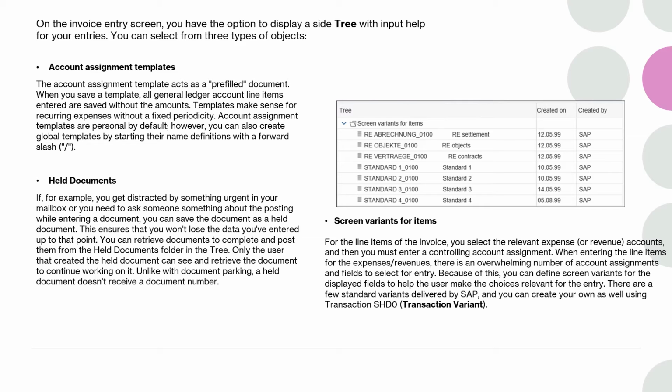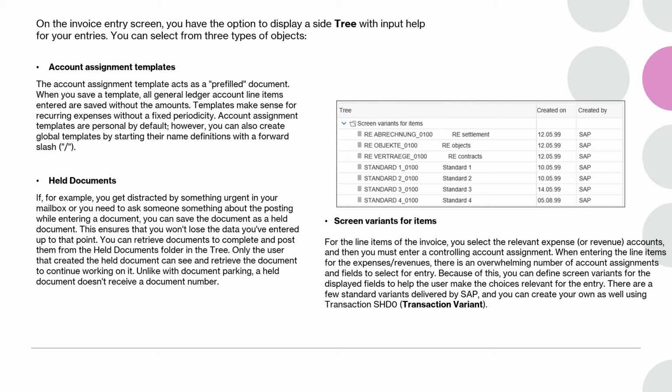So held documents are useful. For example, you may be distracted by some urgent matter, and you need to ask someone something about posting while entering a document. You can save the document as a held document.